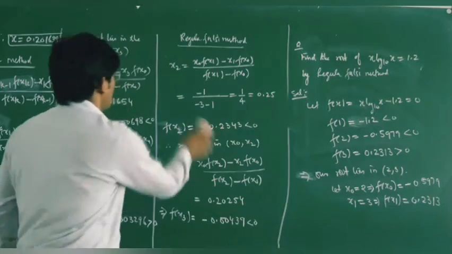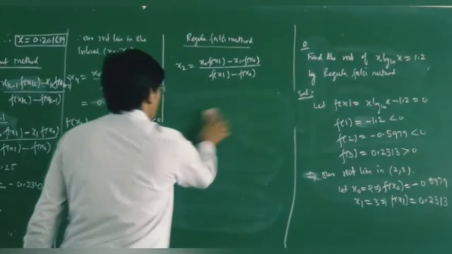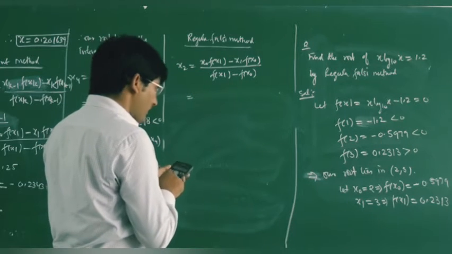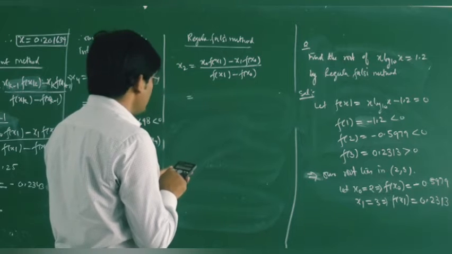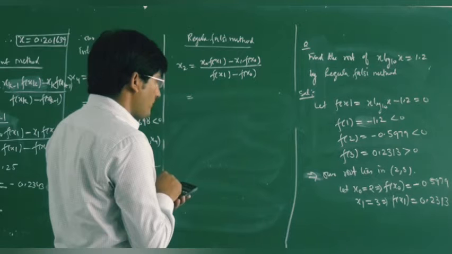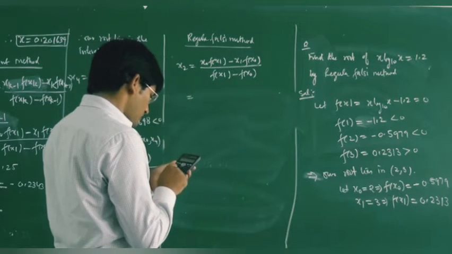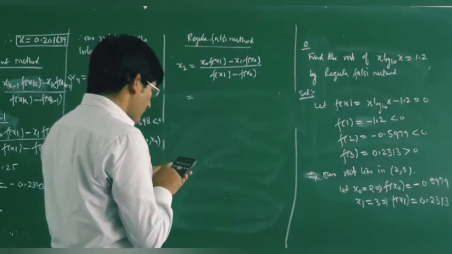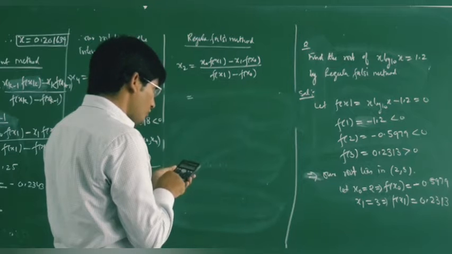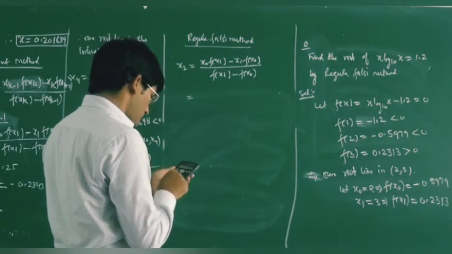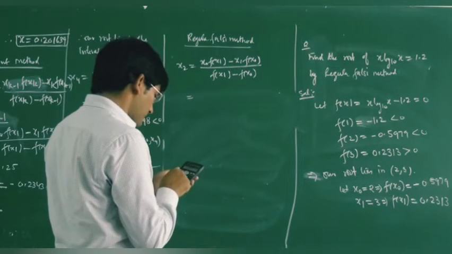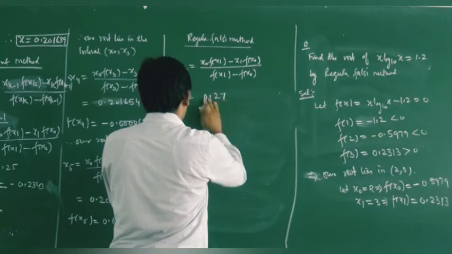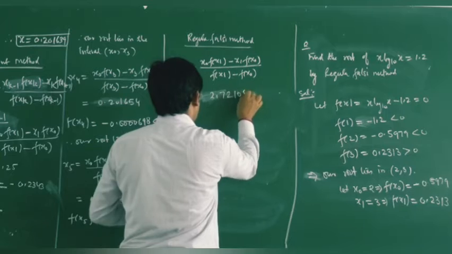Now our first iteration is given by x2 equal to, now your x0 is 2, so we have 2 into f of x1, which is 0.2313, minus x1, which is 3, multiplied by f of x0, which was minus 0.5979, and this is divided by f of x1, which was 0.2313, minus f of x0, which is minus 0.5979, and you can see that this is 2.721056. So this is your x2.